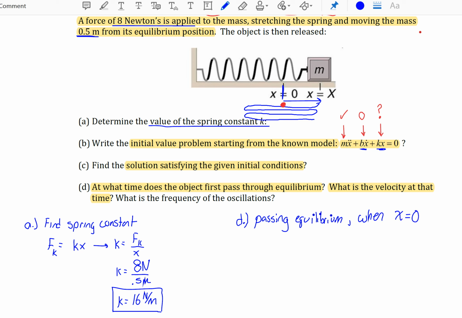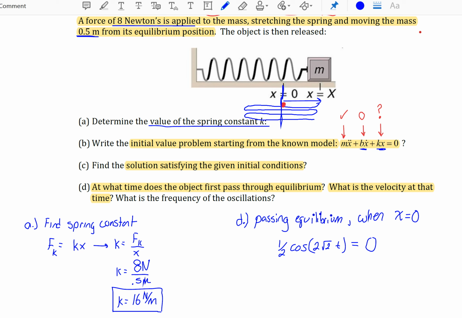So let's take our position function, which was 1/2 cosine of 2 root 2t, and ask, when is this position function equal to 0? And technically, there's an infinite number of solutions to this, because it crosses 0 a whole bunch of times as it oscillates back and forth. But we only want the first one.